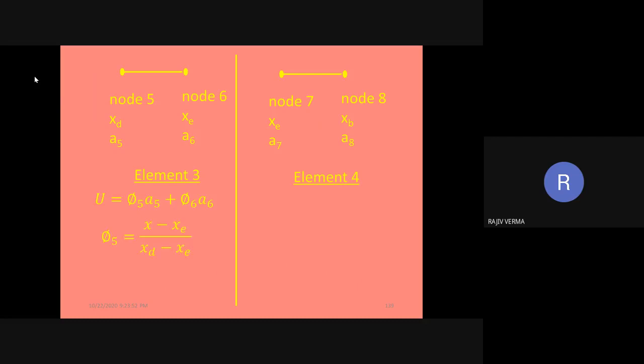And so we have the expressions for the unknown parameter for element number 3 also, and we have the expression for the unknown parameter for element number 4 also. And please note that to simplify the calculations, all the four elements have been taken to have an equal length, because this is going to simplify our calculations.